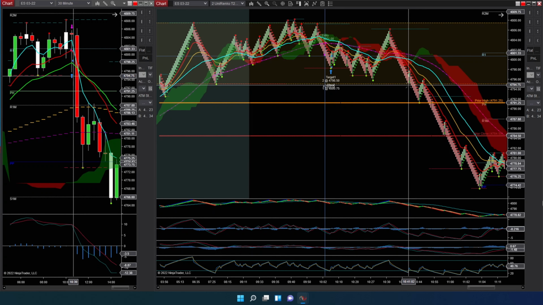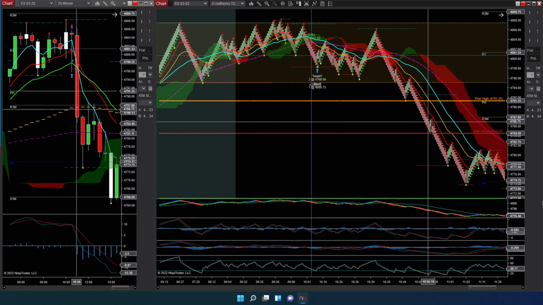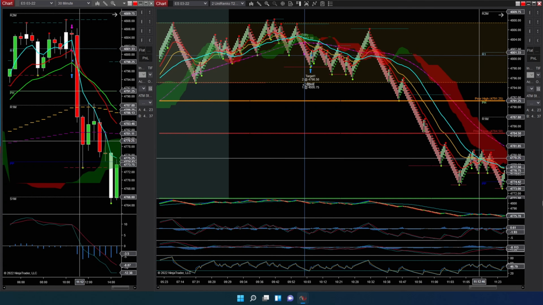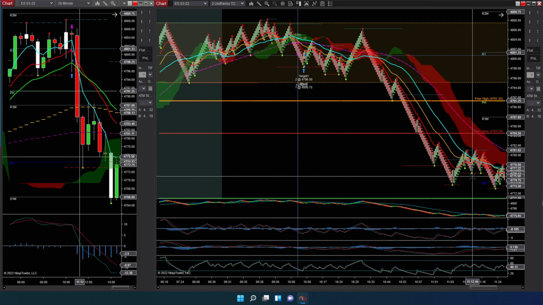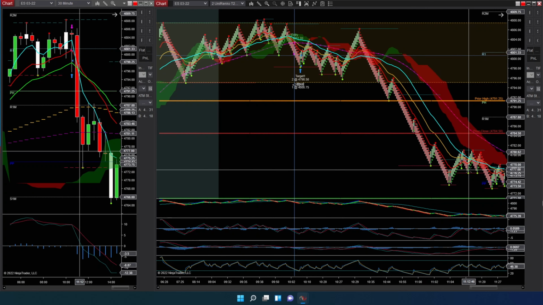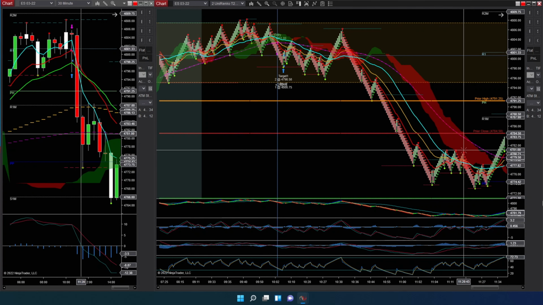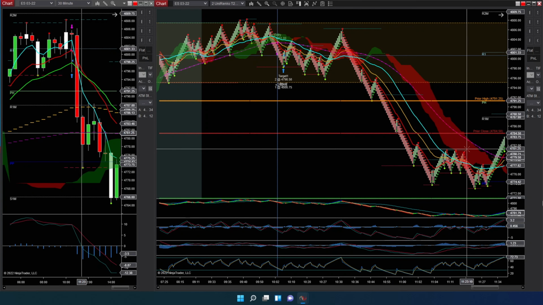With this one, probably four entries right there. Market started to move horizontally. Tried to make another break, but the market already moved, and then it started to go up.